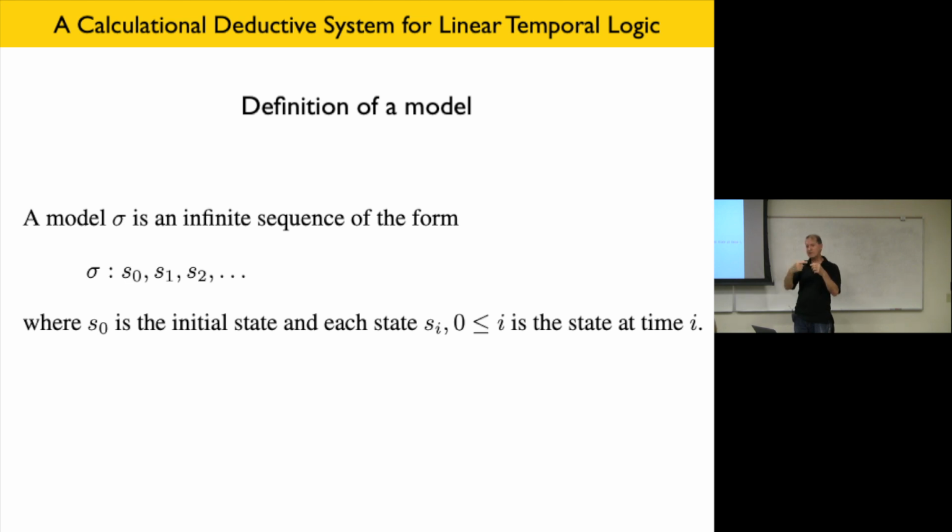So that sequence of states is what this represents. S0 is one state, S1 is the next state, S2 is the next state, and so on. So this represents the program executing in time, and as the state changes, the value of a Boolean expression might change along with the state.